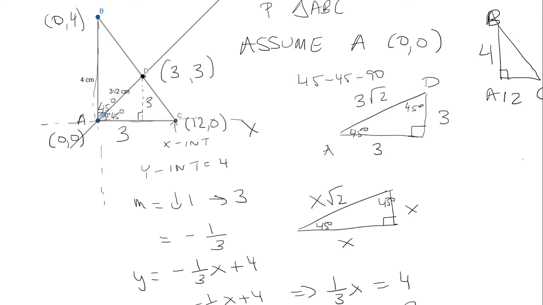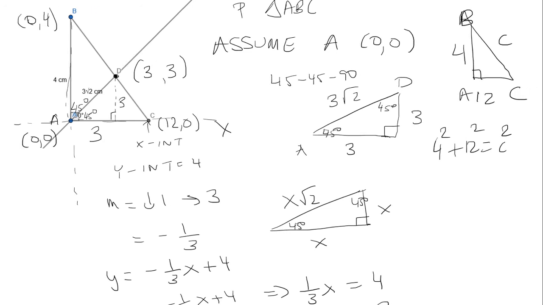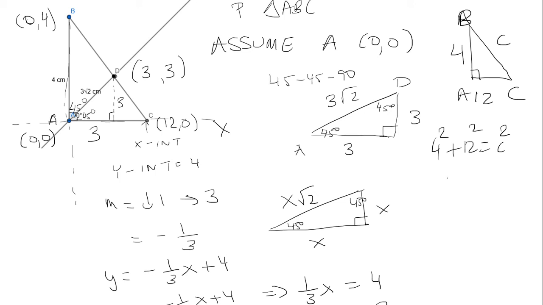Well, I can find out the hypotenuse by doing the Pythagorean theorem. We call the hypotenuse, let's say, C. That is 4 squared plus 12 squared equals C squared. That's just going to be 16 plus 144 is 160 equals C squared.